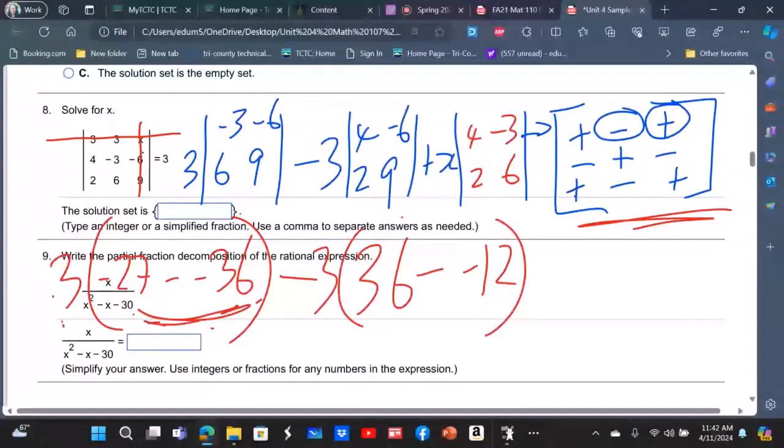All right. Then I'll go to the next minor. The next minor is x, and I'm going to evaluate the cofactor of this 2 by 2 matrix. 4 times 6 is 24. 24 minus 6.